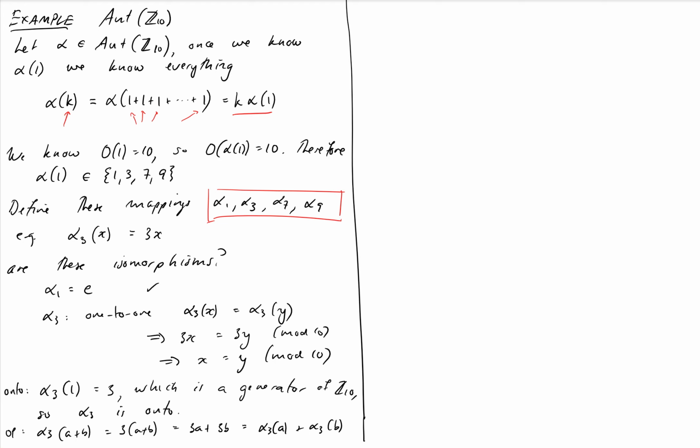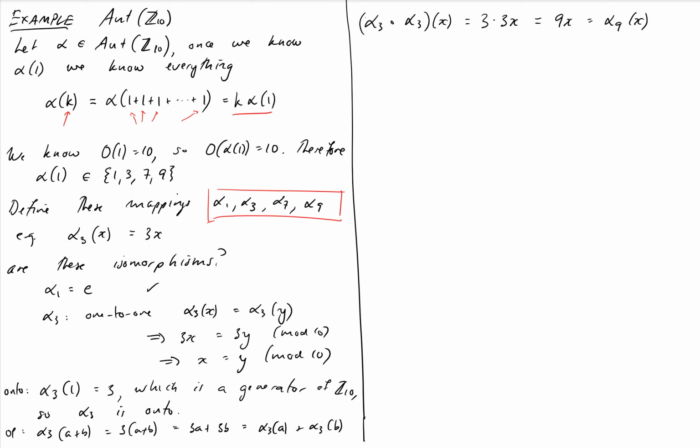Well, what is alpha 3 composed with alpha 3, for example? Alpha 3 times alpha 3 of x is equal to 3 times 3x, which is 9x, which equals alpha 9 of x.